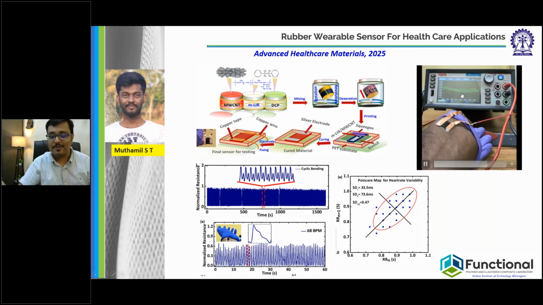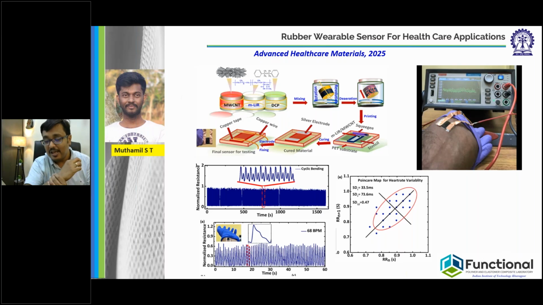Now, why is this material recording the human pulse? The reason is that when the blood flows through your artery, it introduces a certain strain on the sensor, and the strain level is something around 0.25%. Okay, so you need a sensor which can sense even such a low percentage of strain.